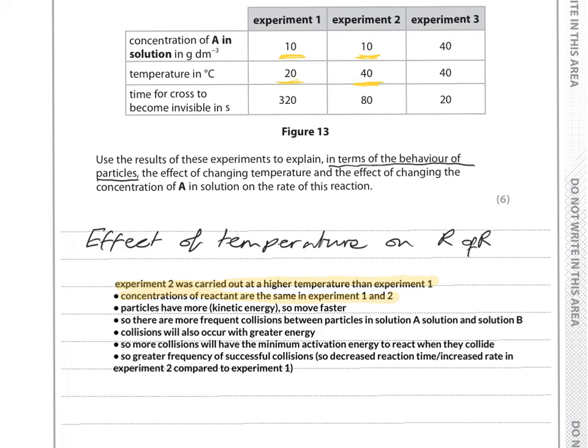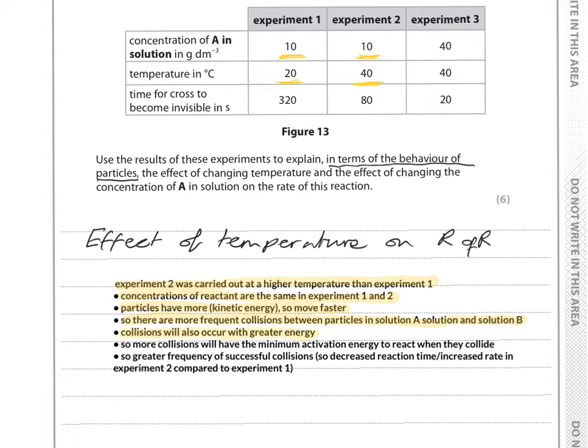Now, between those two reactions, if we increase the temperature, then the particles will move faster, they'll have higher kinetic energy. So there are more frequent collisions, but there are also more energetic collisions. So increasing the temperature has two effects. It means that the particles collide more often, and they also collide with more energy.